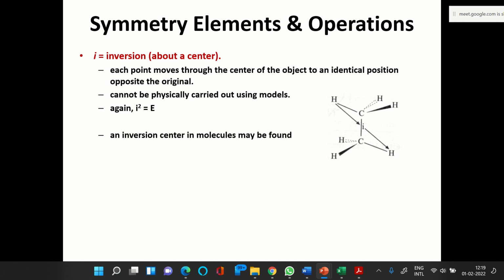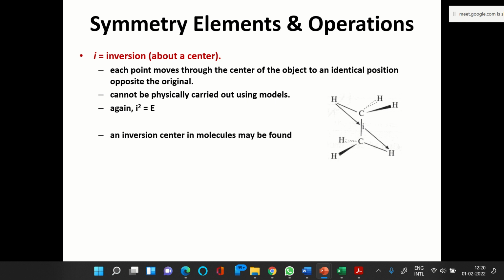So, inversion center. Inversion center is a point. It is the center of the system that you can describe. It is a point through which you move the object from one side to the other side, crossing that point. So here is a molecule, ethane. Ethane can have several conformations, and this is the staggered conformation that we are talking about.